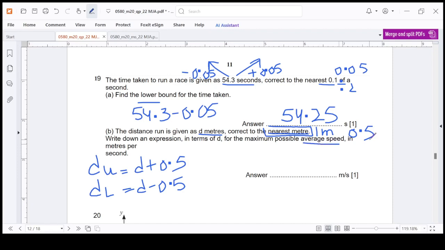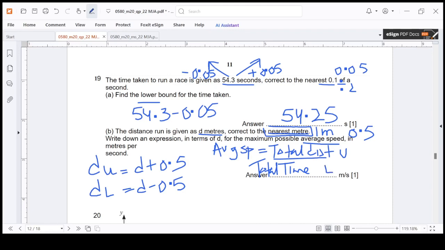Okay, write an expression in terms of d for the maximum possible average speed in meters per second. The average speed formula is total distance over total time. We need to find the maximum possible value here, so you need the highest value, the upper bound, in the numerator, and the lowest value, the lower bound, in the denominator.